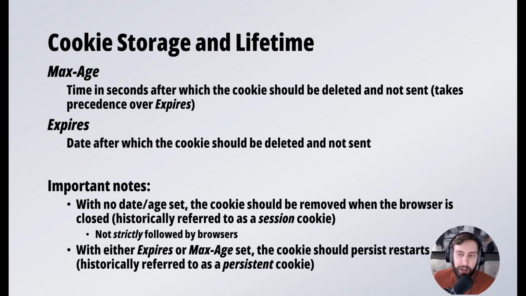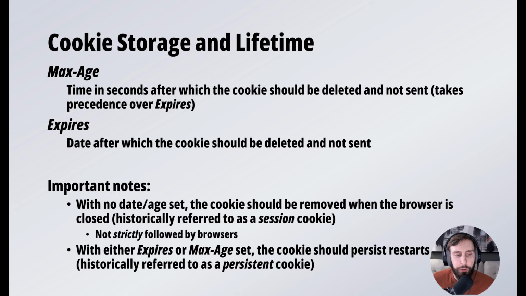You're telling the browser, hey, this is how long you should store this for, either by setting a date or by setting an amount of time in seconds. The browser doesn't necessarily need to remove them after that time, and you'll see that this often is the case with certain browsers in certain situations, so it's not a perfectly reliable mechanism.